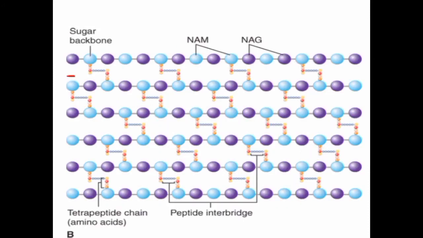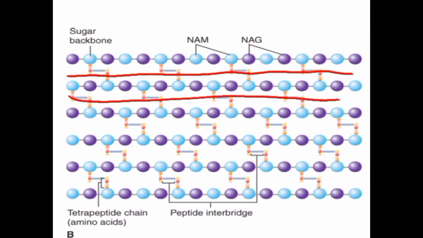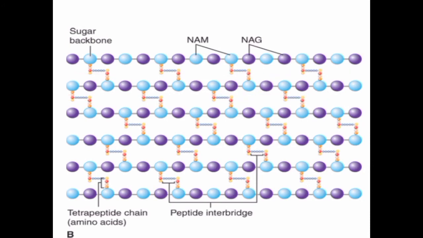As you can also see in this figure, these are alternating N-acetylmuramic acid or NAM and NAG molecules. These are alternating, and this layer and this layer are connected. But how? A tetrapeptide is attached with NAM, and these two tetrapeptides are cross-linked by a peptide interbridge.